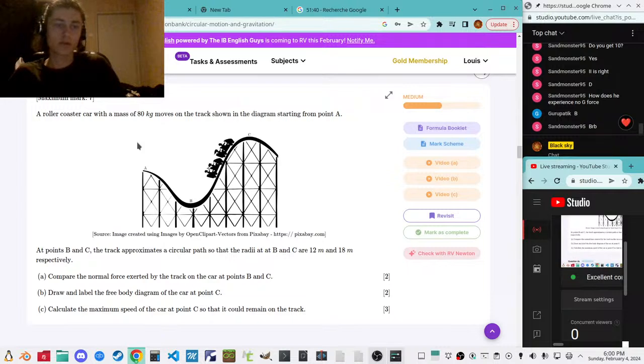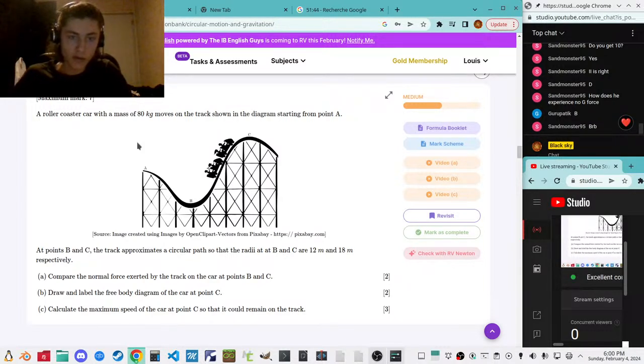A roller coaster car with a mass of 80 kilograms moves on the track shown in the diagram starting from point A. At points B and C, the track approximates a circular path so that the radii at B and C are 12 and 18 respectively.